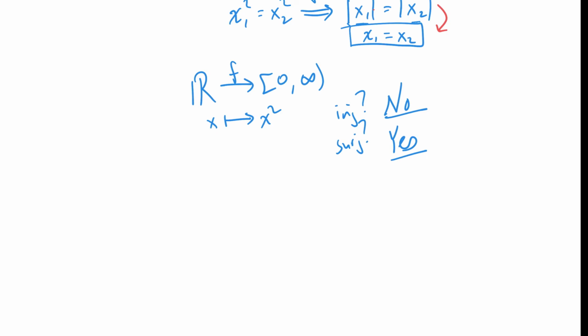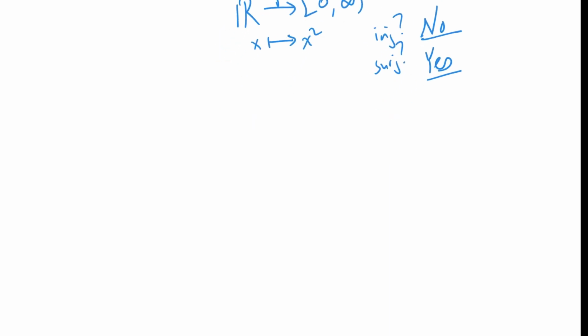Now, I have a nice way of explaining each of these to you geometrically, especially in the case when we're working in the plane. Let's say you have your function f and you graph it. If you're going to be injective, which remember is another way of saying one-to-one, you have to pass the horizontal line test.